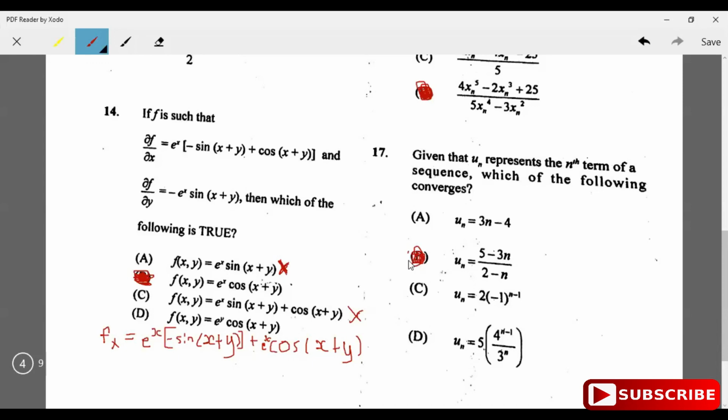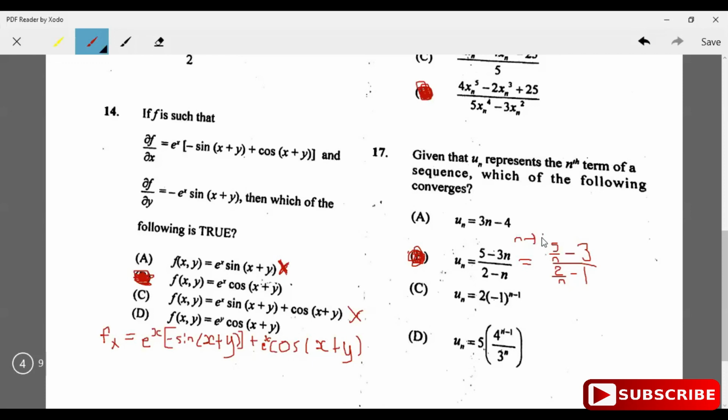Now remember that we said the alternate method was to take the limit as n goes to infinity, and then you have to divide through by the highest power of n. In this case, it's n, right? So we get 5 over n minus 3 over 2 over n minus 1, and then we're taking the limit as n goes to infinity.